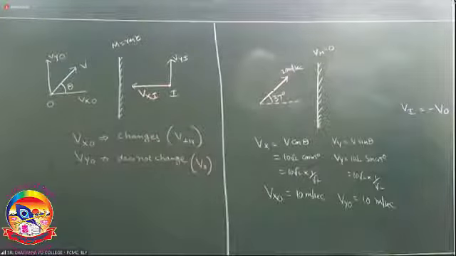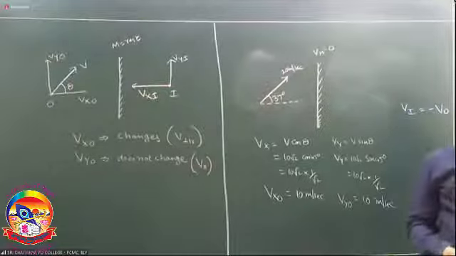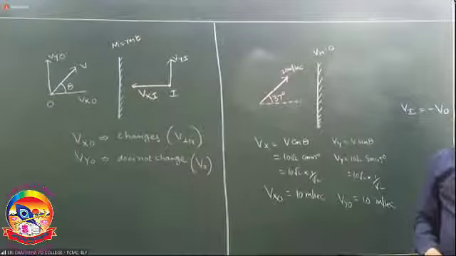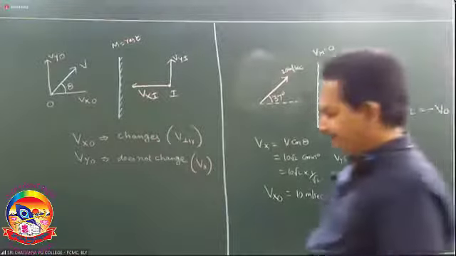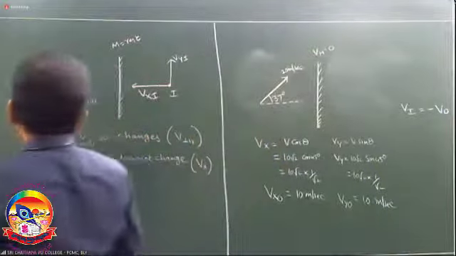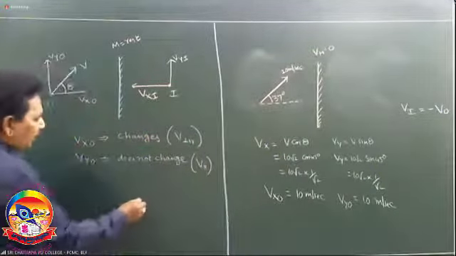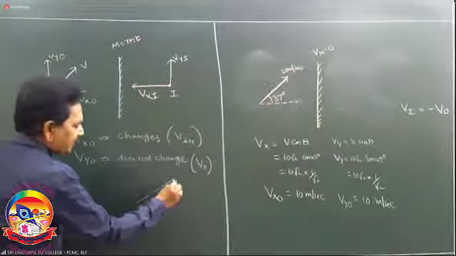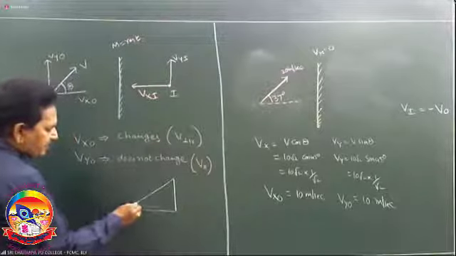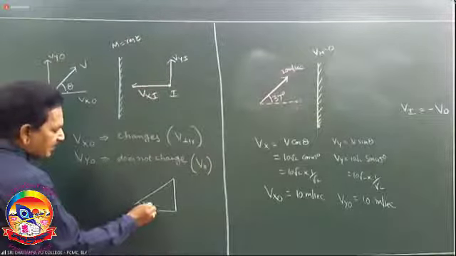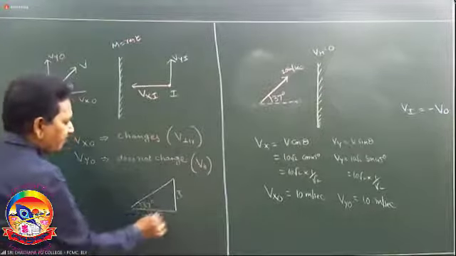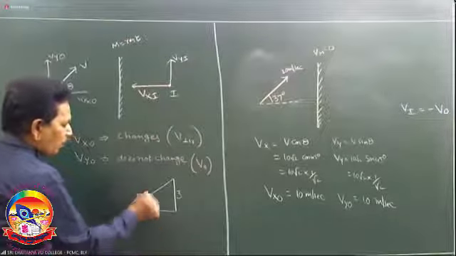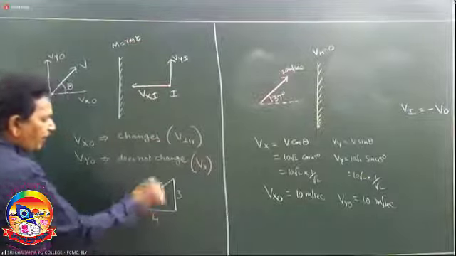37 degrees. Generally we take 30 degrees, 60, 45, which are very simple, but this is 37. If you know it, well and good. If you don't know, learn now. If this angle is 37, opposite side 3, adjacent side 4, hypotenuse 5.